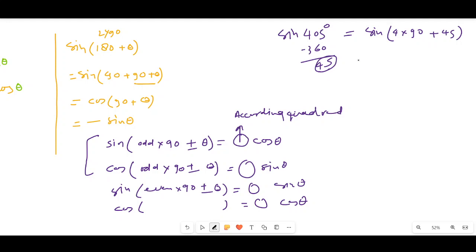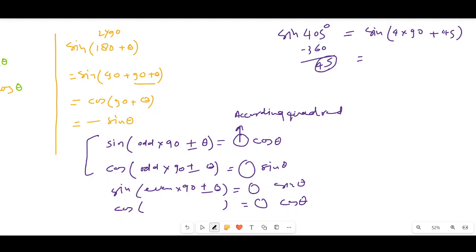Now here we will find the same thing. If you complete 4 times 90, that means you have completed one revolution of a circle, which is 360 degree. Then you again enter the first quadrant.